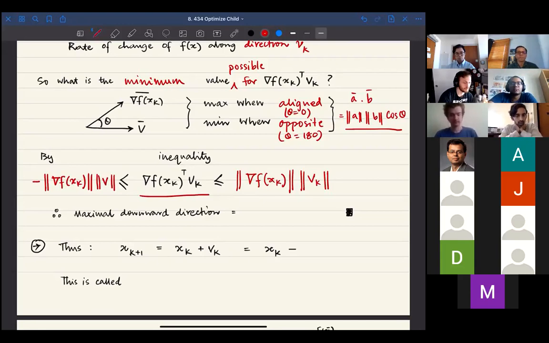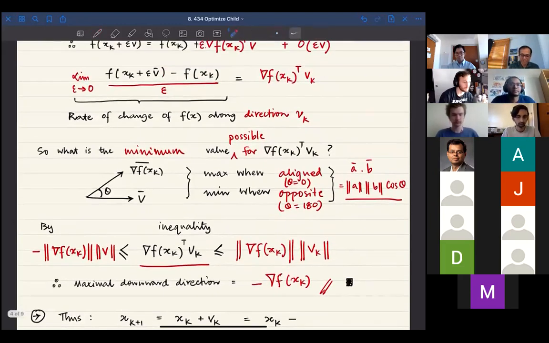Okay. So the maximal downward direction is basically minus grad f(xk), right? Because of the direction in which you should go. It turns out the direction in which you should go is this direction.